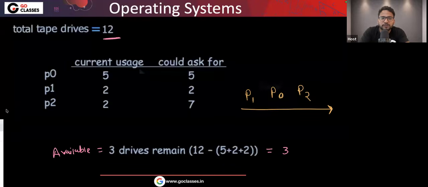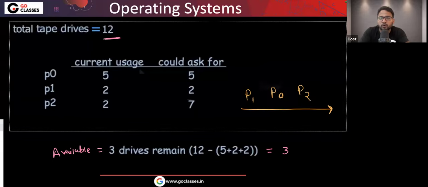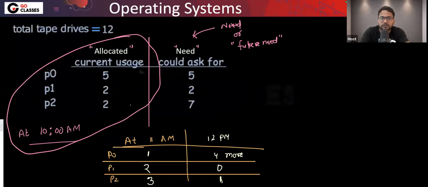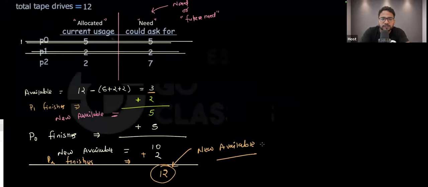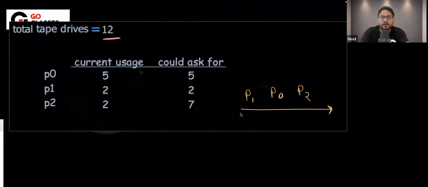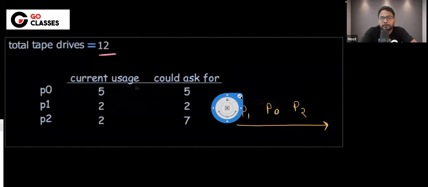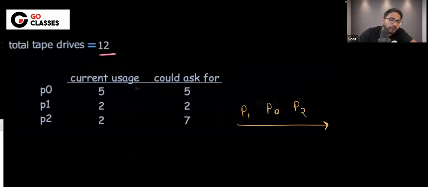So basically, let me just tell you what I mean to say. Given this whole system, and you already know what is the need, what is the allocated, right? Given this system, P1, P0, and P2 is a way to go, which means this is a sequence in which you can definitely satisfy all of these needs, because the current available is how much? 3, right?